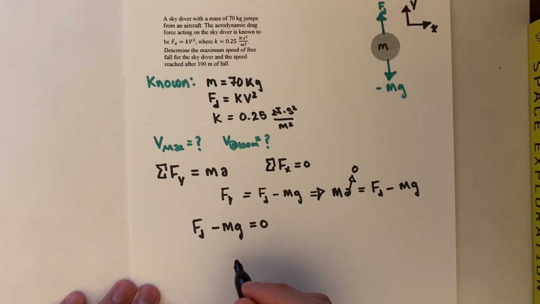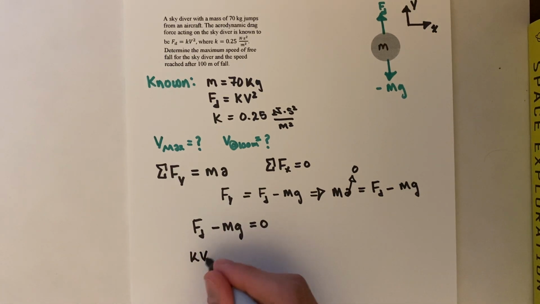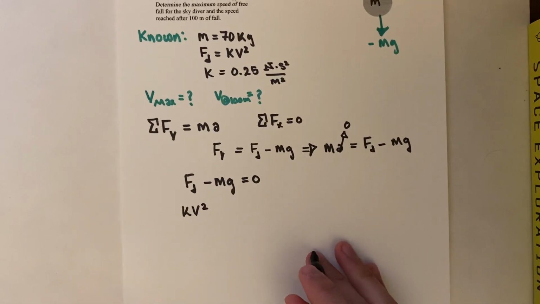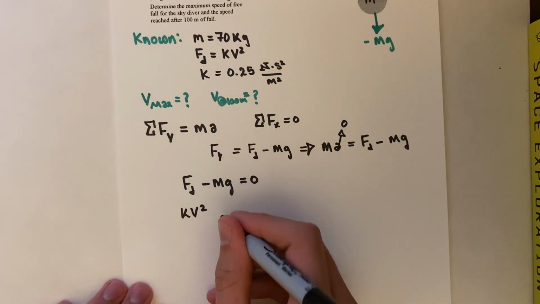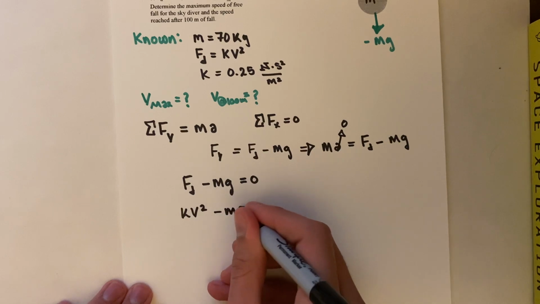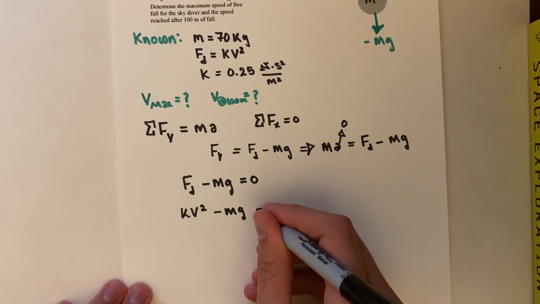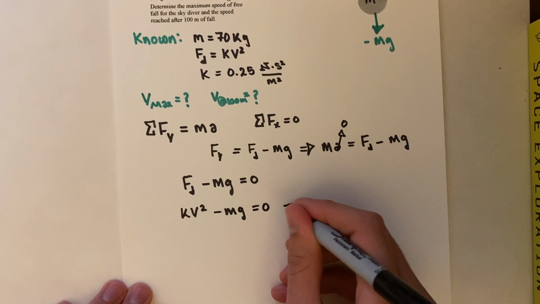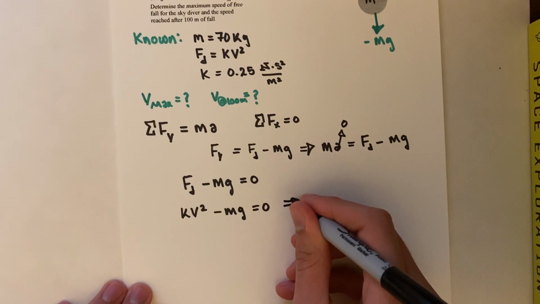So if we go ahead and substitute the values for force of drag, which is kV squared, I hope you could see that, minus mg, and solve for the velocity, because that's what we're looking for.